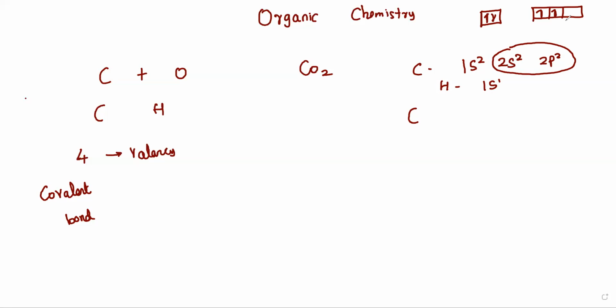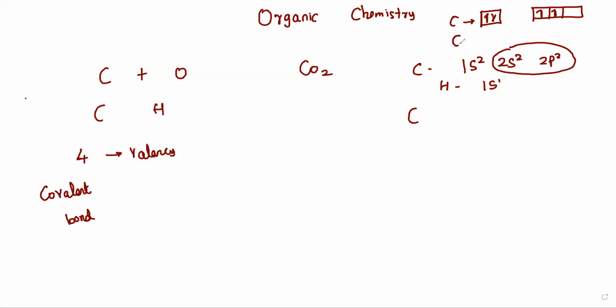Six electrons can be filled in the 2p orbital. In that, first we have to fill singly, one here, one here and one here. After that only we fill the pairs. So this is the normal structure of the carbon atom.